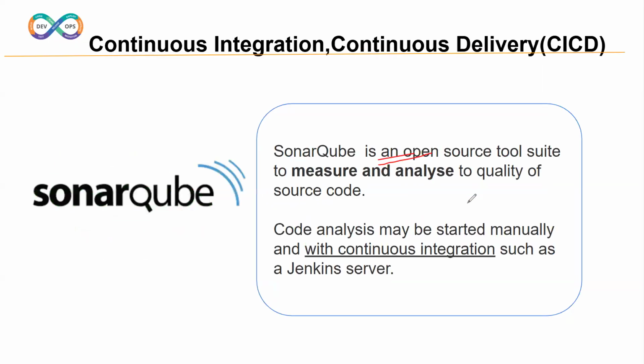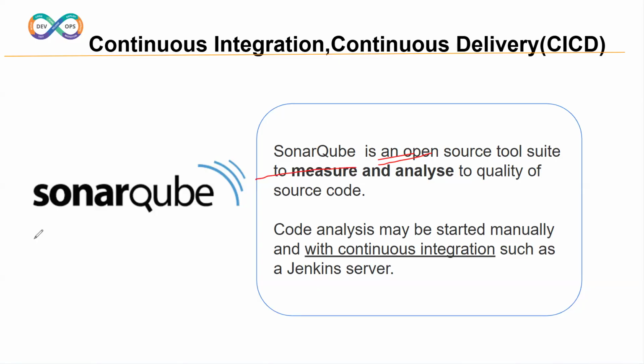And we are going to learn SonarQube. SonarQube is a code analyzer. It checks whether the developers are following standards and using the right functions or not. It will analyze and give statistics and reports also.